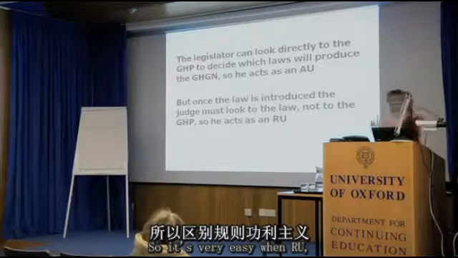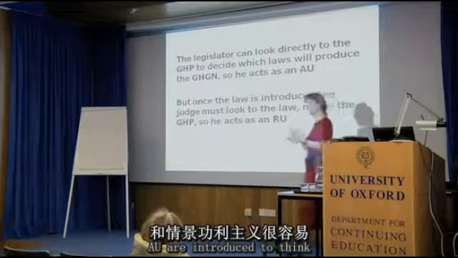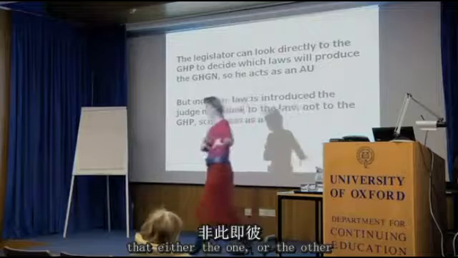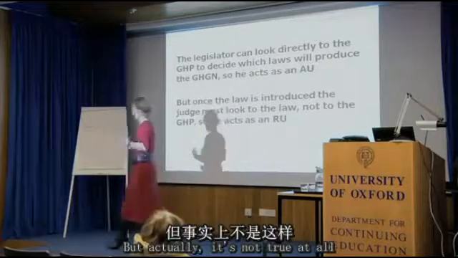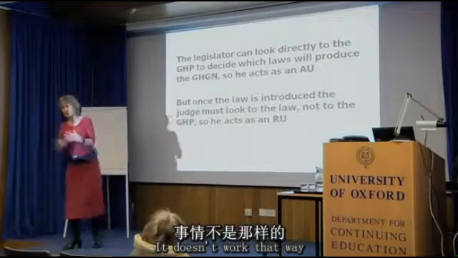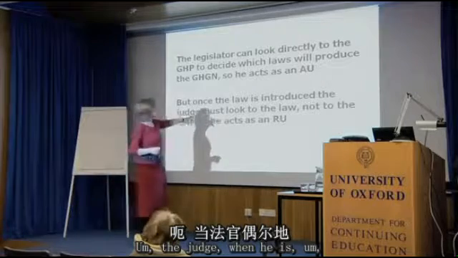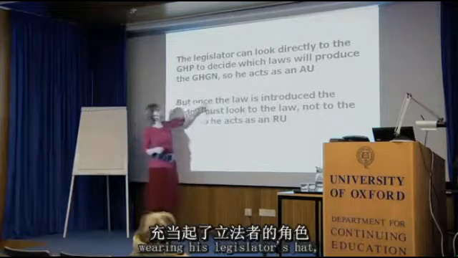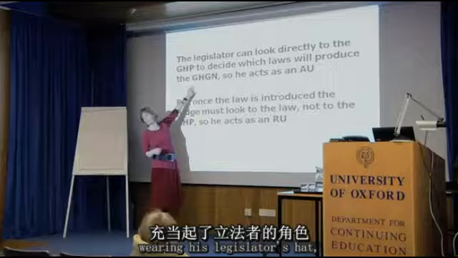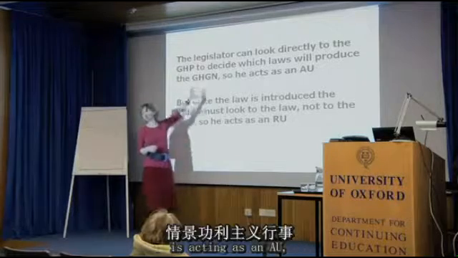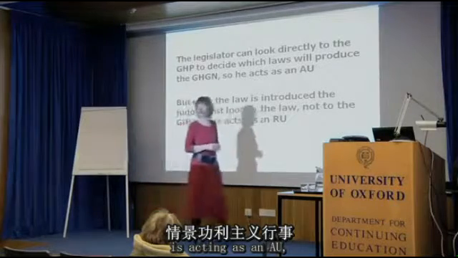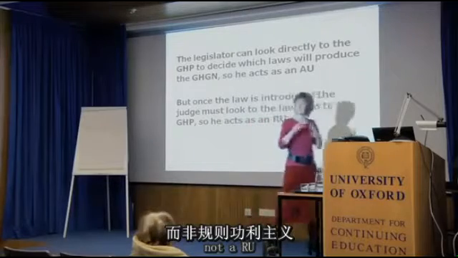So it's very easy, when rule utilitarian and act utilitarian are introduced, to think that either you're one or the other. But actually that's not true at all. It doesn't work that way. The judge, when he's wearing his legislator's hat, as he does occasionally, is acting as an act utilitarian, not a rule utilitarian. See what I mean?